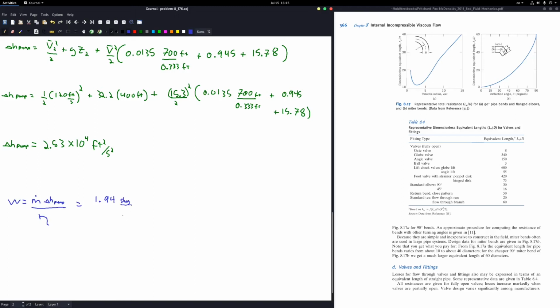Now it is important to remember that we have only a 75% efficiency rate of our pump, which means we're going to have to put in more power than we actually need. This can be calculated by the work is equal to the mass flow rate times the H of the pump divided by 0.75, which is our efficiency.